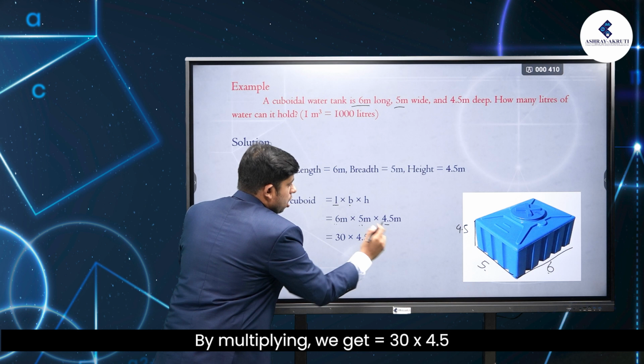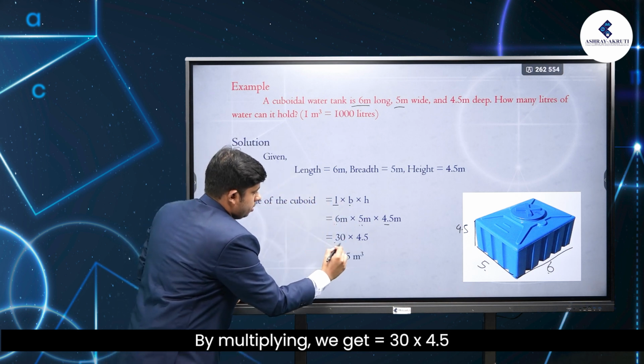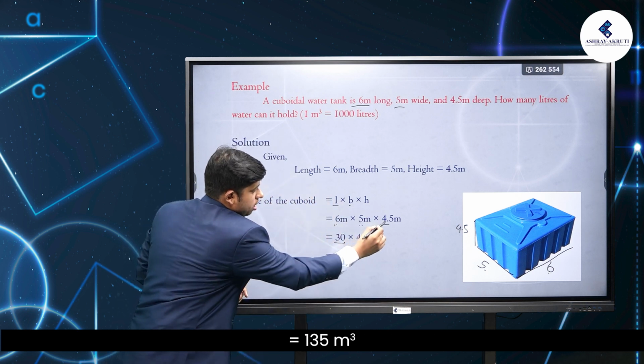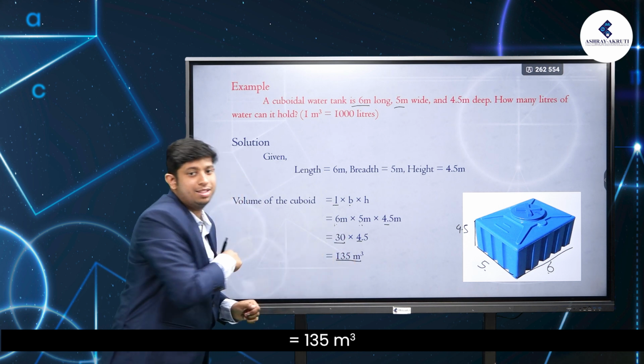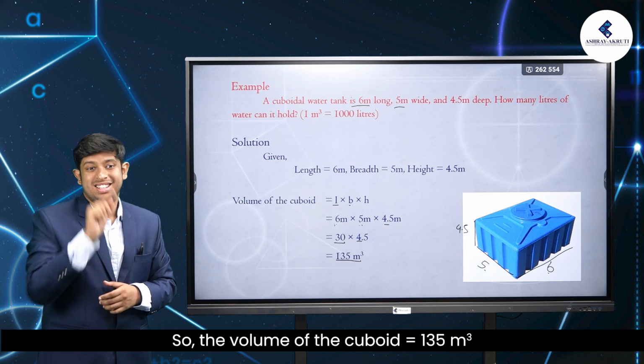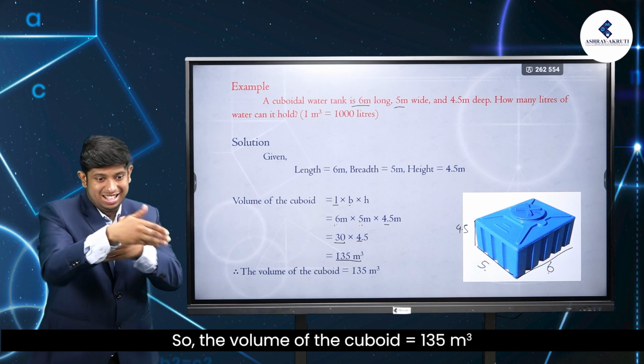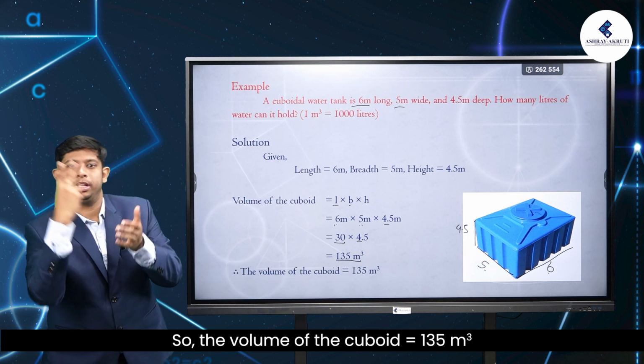By multiplying, we get 30 into 4.5, which is equal to 135 meter cube. So, the volume of the cuboid is equal to 135 meter cube.